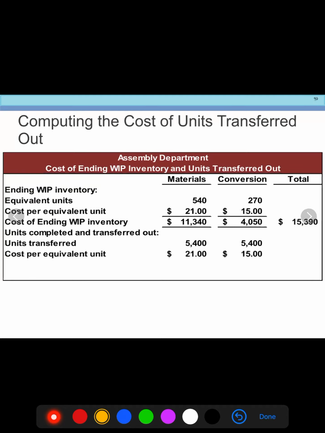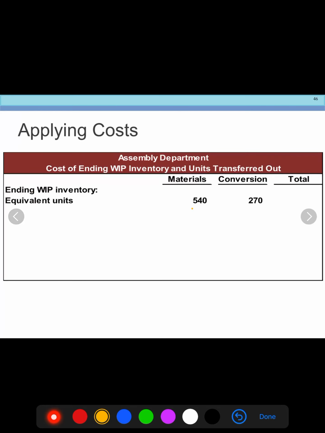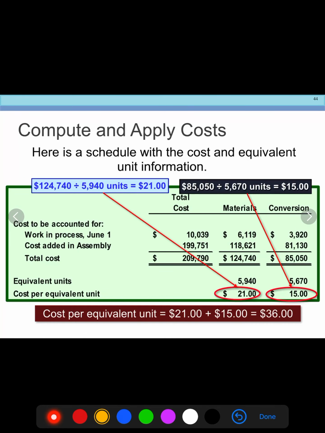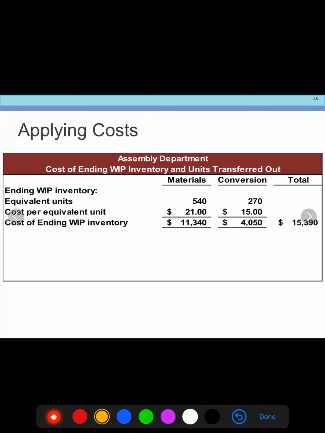So, in this case, 5,400, just multiply it again by the cost per equivalent unit. You get the cost of unit transferred out, so it's 194,400. So, pag pinagsama mo, 194,400 tsaka 15,390, okay, pag pinagsama mo yung dalawa, ito yung lalabas.